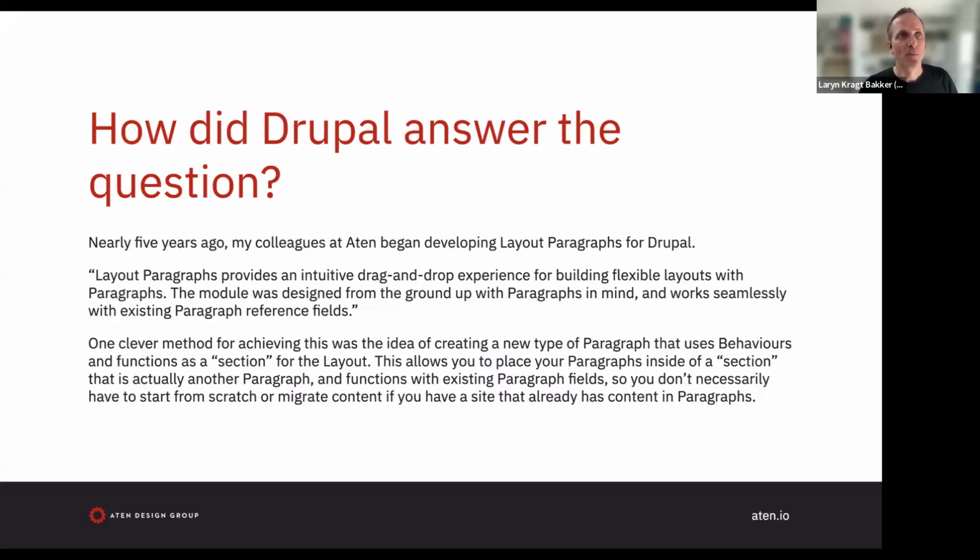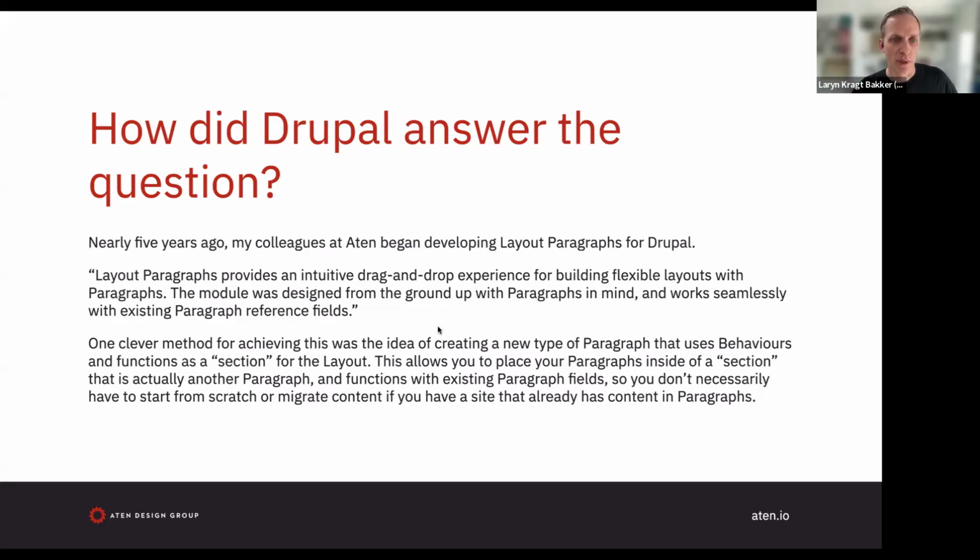So rather than create something completely new that doesn't work with anything else, where you have to rebuild and migrate all your content, this is something people who already have sites, or people who inherited sites, could still use for the new functionality without rebuilding things completely.